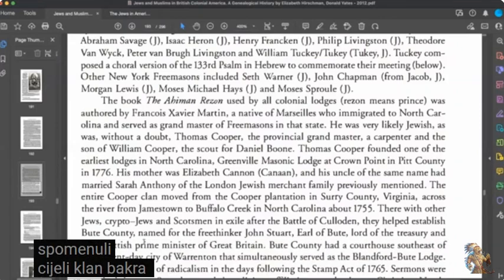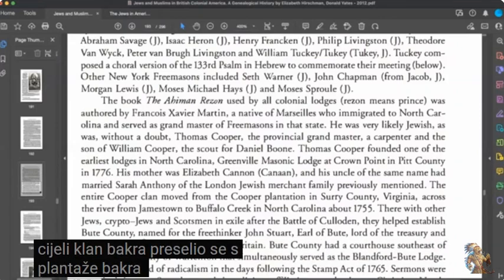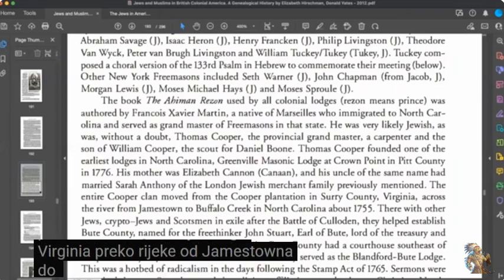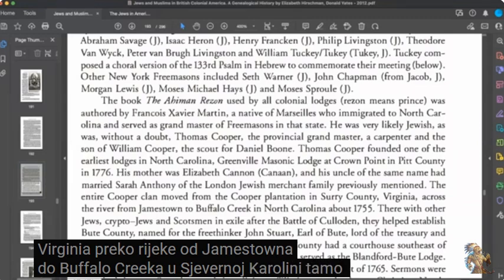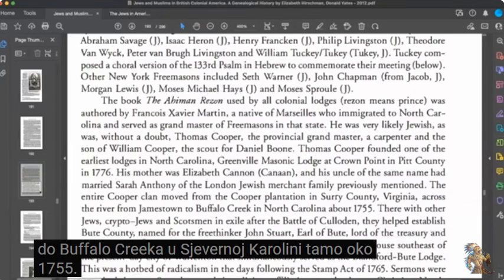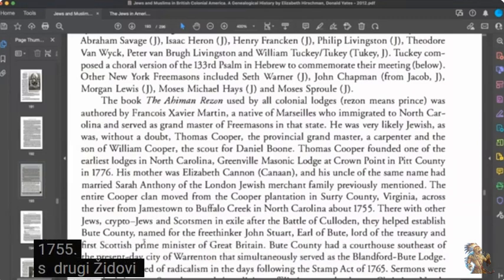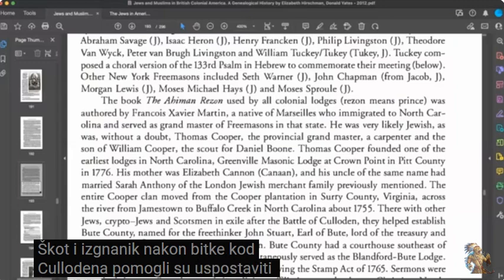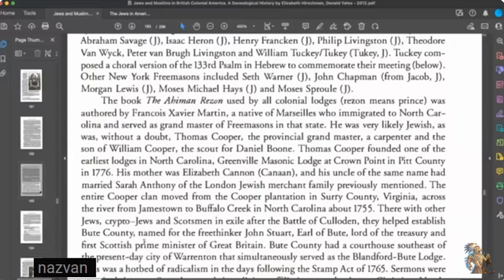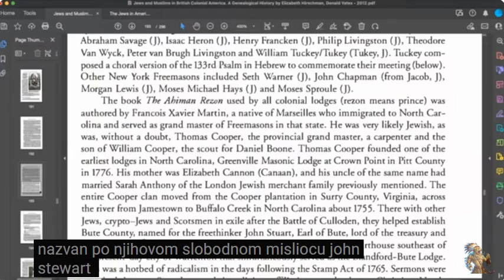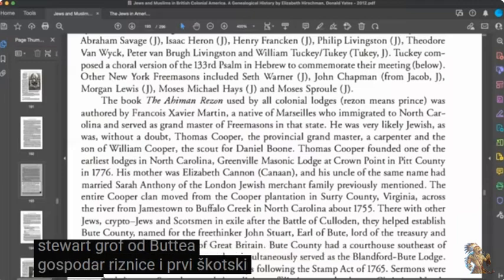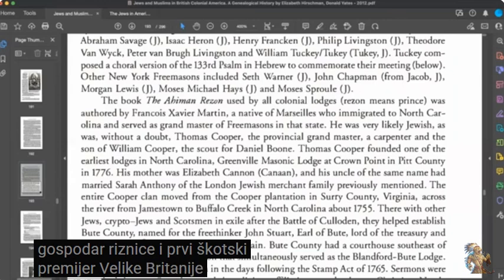The entire Cooper clan moved from the Cooper plantation in Surry County, Virginia, across the river from Jamestown, to Buffalo Creek in North Carolina about 1755. There, with other Jews, crypto-Jews, and Scotsmen in exile after the Battle of Culloden, they helped establish Bute County, named for the freethinker John Stuart, Earl of Bute, Lord of the Treasury, and first Scottish Prime Minister of Great Britain.